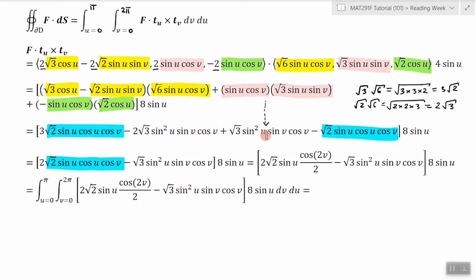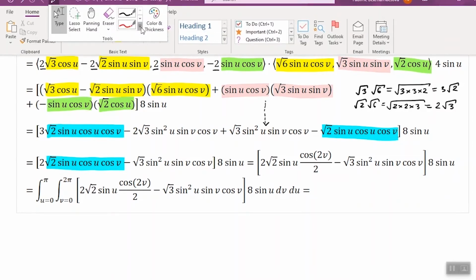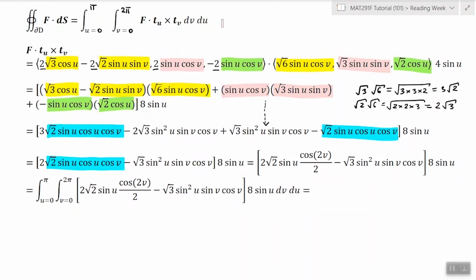These two terms are also like terms. So I have square root of 3 sine squared u sine v cos v, and then the same thing here. And then we have -2 plus 1, right? So we just get -1. And we get the same term as above. This is how I got this part.